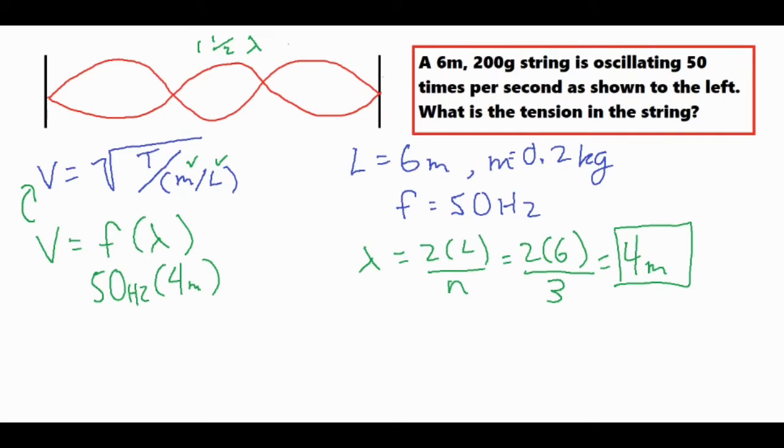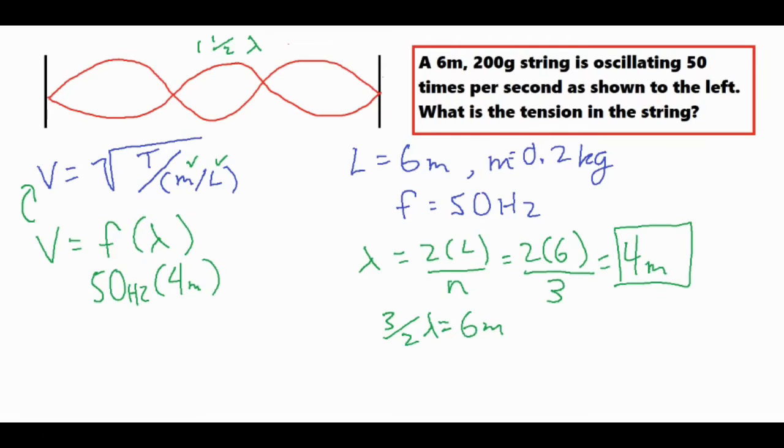The other way you could solve for it, which is maybe less common and a little bit more conceptual, is you could say that you have 3 halves of a wavelength in a 6 meter tube.